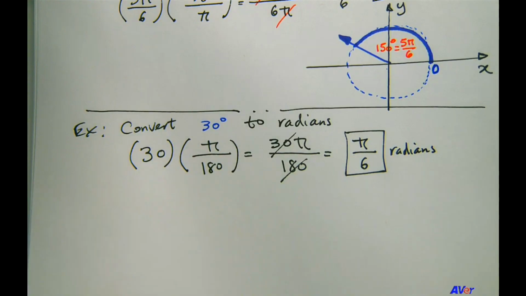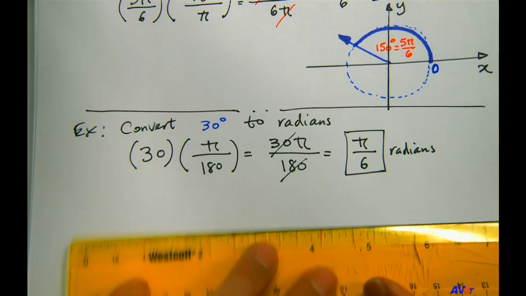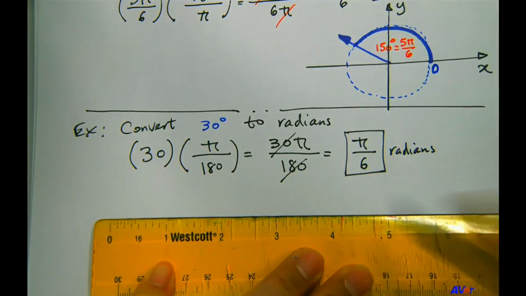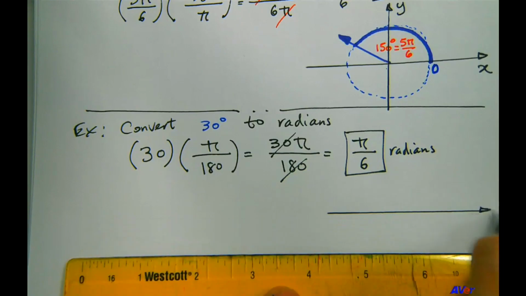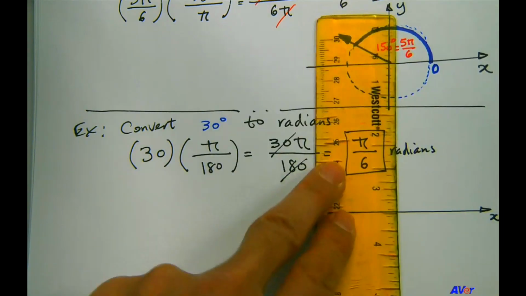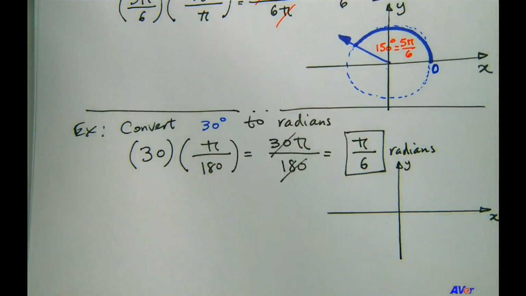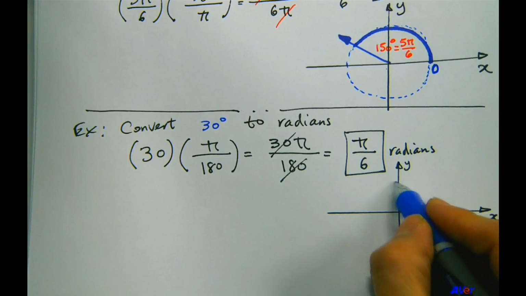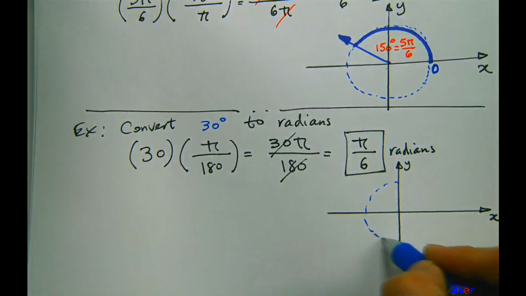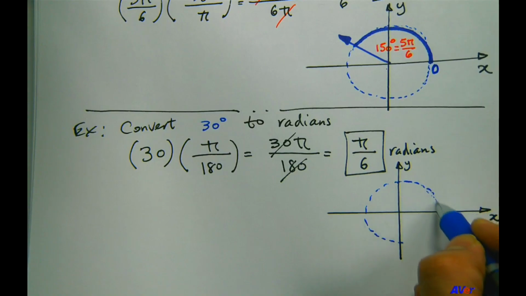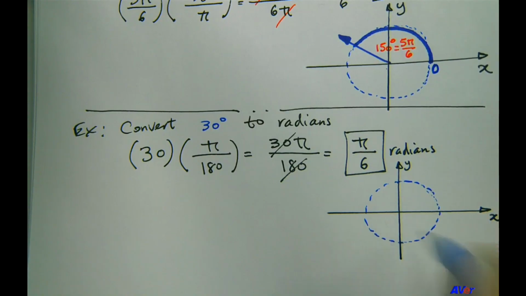We did some graphs of the other, so let's do quick graphs of these. I'm going to do one here and a little y-axis here. Let's do a little dashed circle here, like that. So 30 degrees is between 0 and 90 degrees somewhere, right?